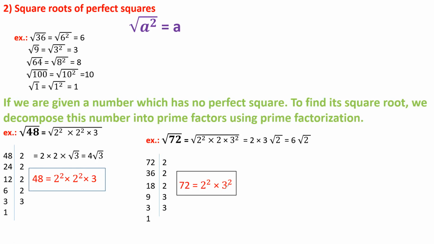It is 2 squared times 2 times 3 squared. So I replace these inside. Now 2 squared comes out as 2. 3 squared comes out as 3. And inside I have 2. So 2 times 3, it's 6 radical 2. Now I move to the next slide.